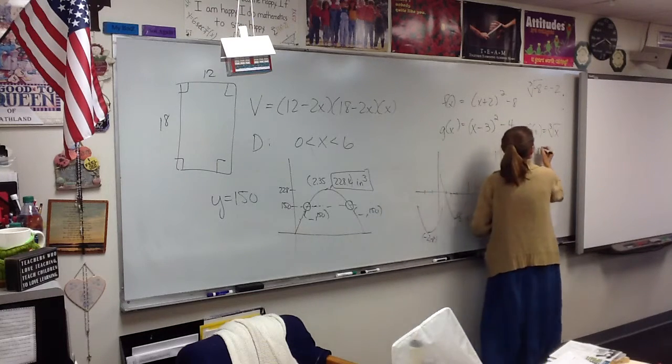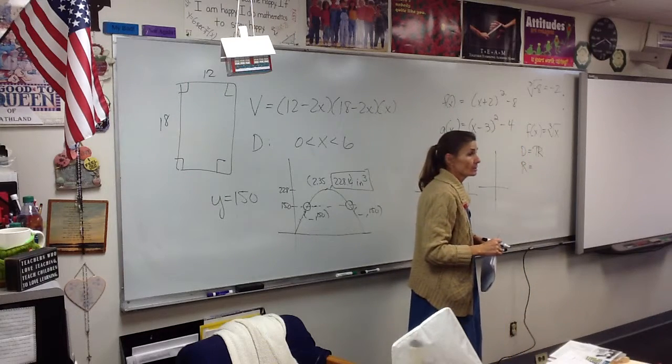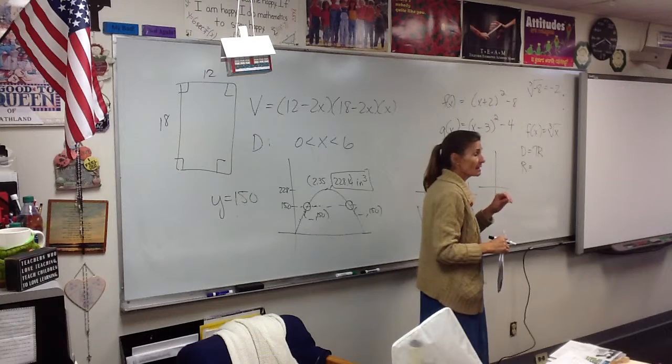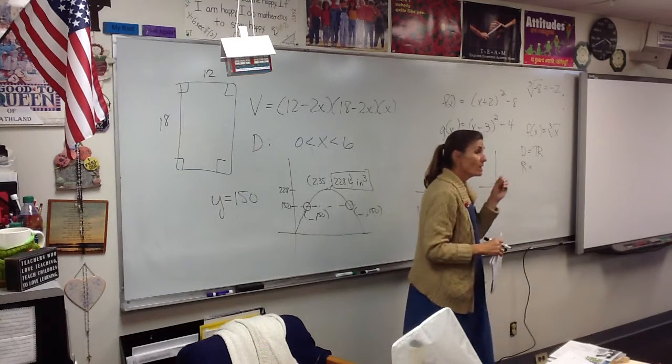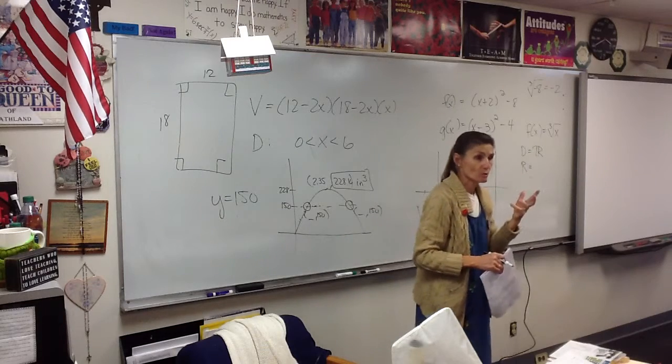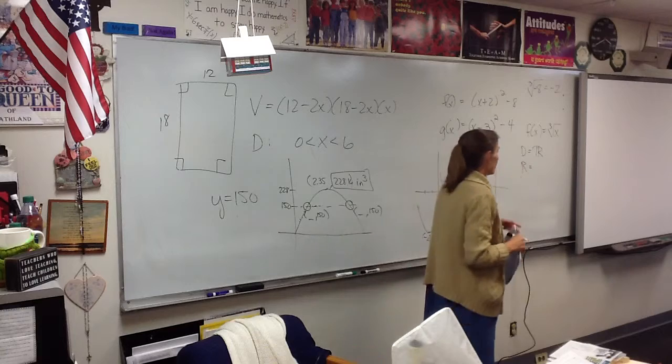So your domain is all real numbers. Okay? So again, I want you to be always vigilant about radical signs, but the ones that bother us are square root signs or 4th root signs.